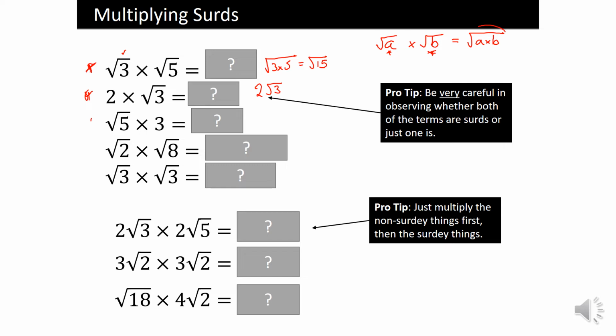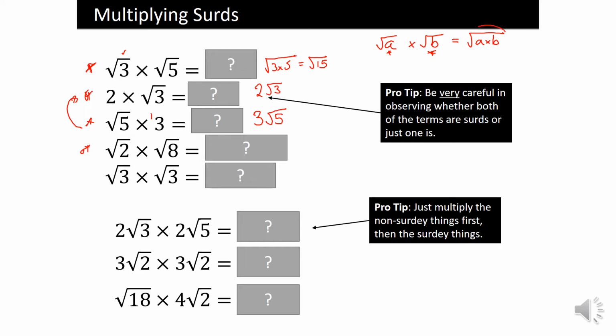Over here, next one down, we've got root 5 times 3. A really common mistake here would be to write root 15, but it's actually the same kind of idea as the one above. We've got a whole number times by a square root, so it'll be 3 root 5. Same idea, if you had x times 3, it would be 3x. Okay, next one, we've got root 2 times root 8.